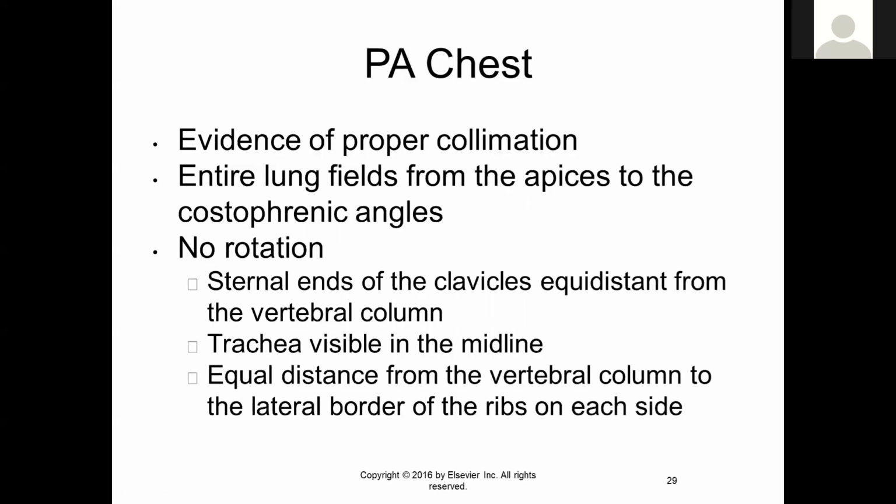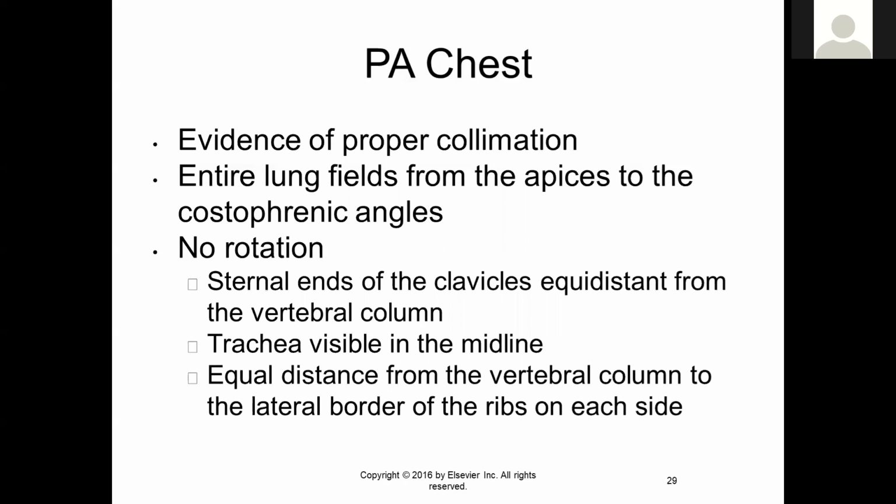No rotation, very important. The sternal ends of the clavicles should be equidistant from the vertebral column. If your patient is not rotated, the collarbones and the sternum should all be the same distance apart from each other. Your trachea should be visible in the midline. If your patient is turned, that airway is going to shift.